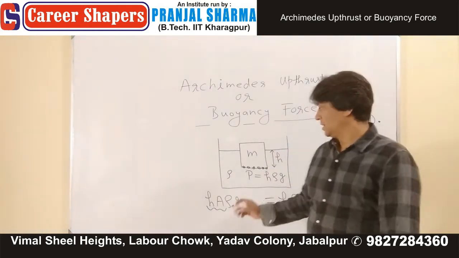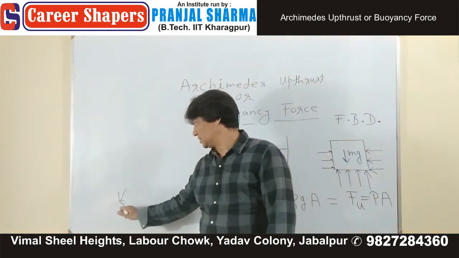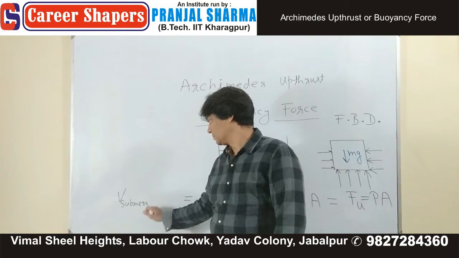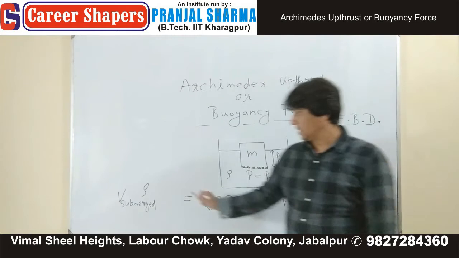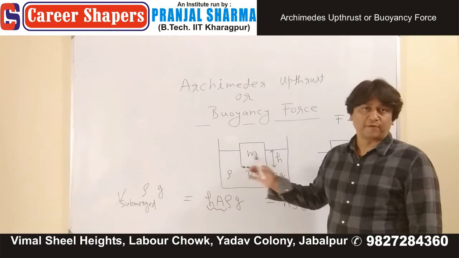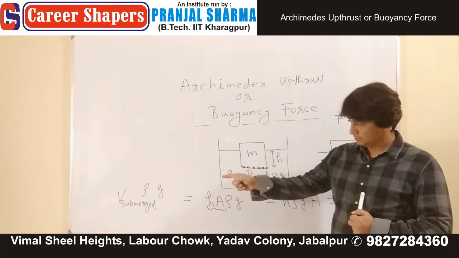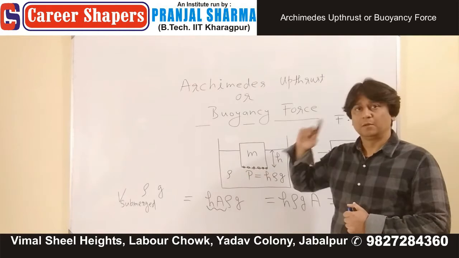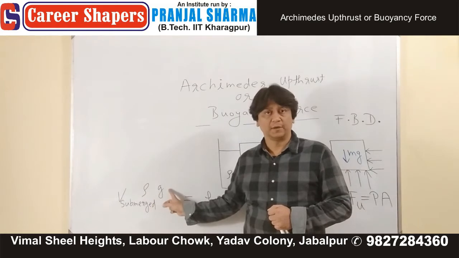So what is hA? hA is volume submerged multiplied by density into g. This is one way of remembering Archimedes upthrust. What is upthrust force? Volume of object which is submerged inside the liquid multiplied by density of liquid into g.